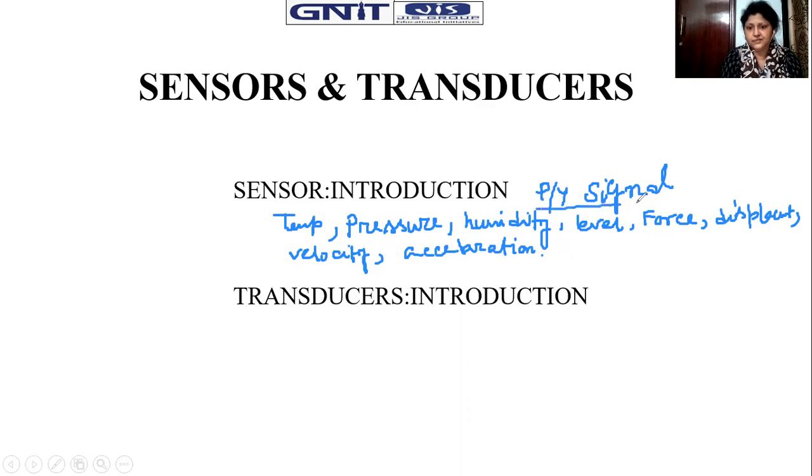As well as you can say the radiations, that may be nuclear radiations, or light radiation. So you can sense the radiation also. So these are all kinds of physical signals. Okay, so we are sensing through the sensor.